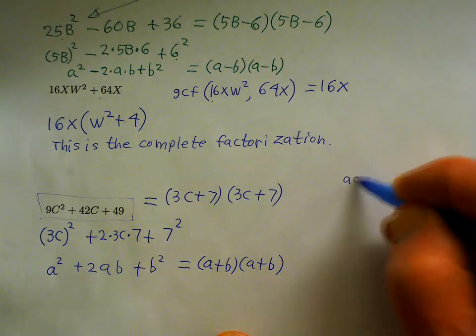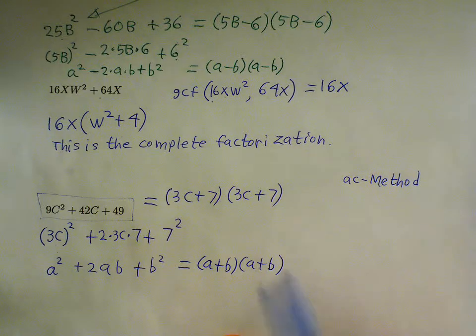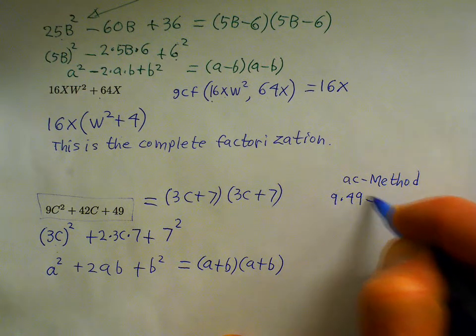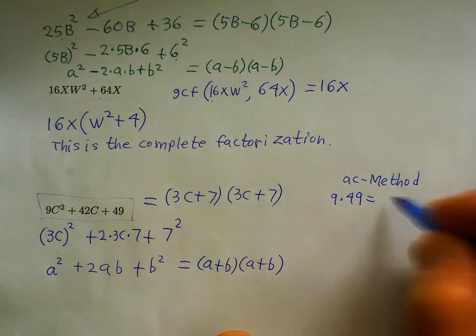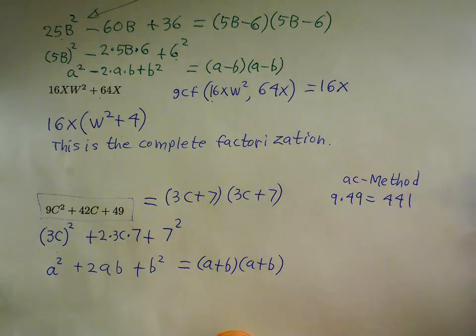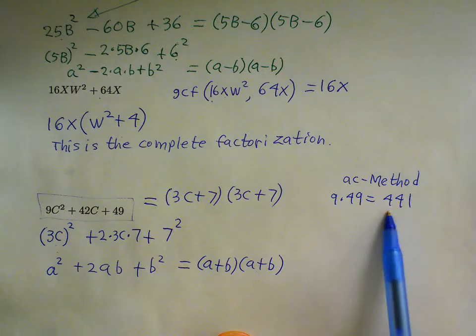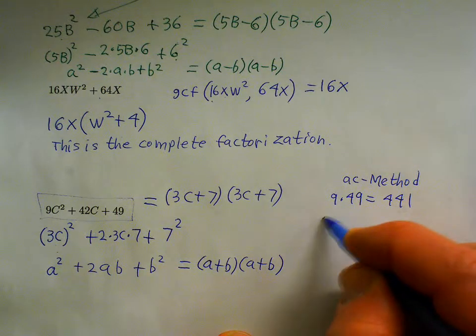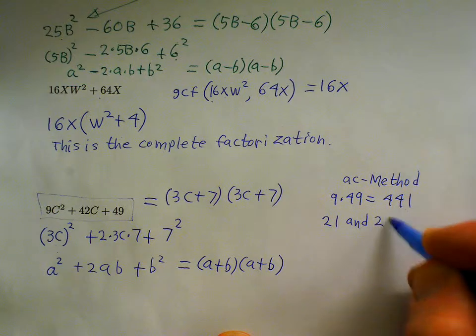AC method. 9 times 49 is 441. Two integers that have a product of 441 and a sum of 42 are 21 and 21.